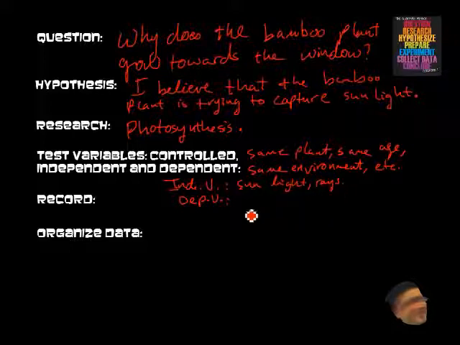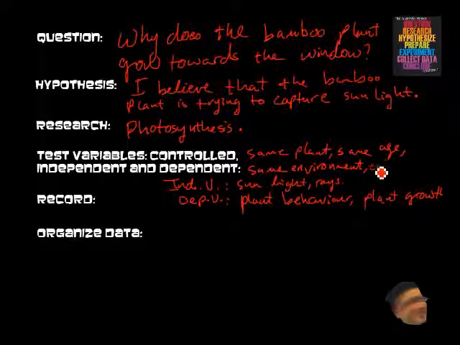And as it changes during the day, your dependent variable is affected by it. And your dependent variable in this case is the plant behavior or the plant growth. There could be other variables that need to be controlled. You may think of other dependent variables out there, but in this case, this is what I'm proposing.